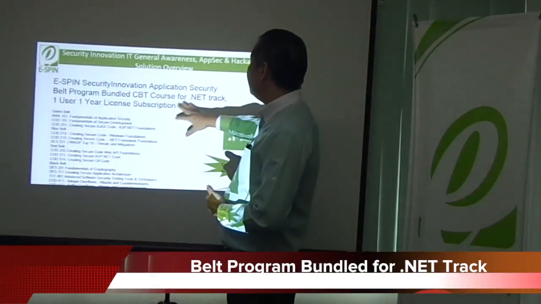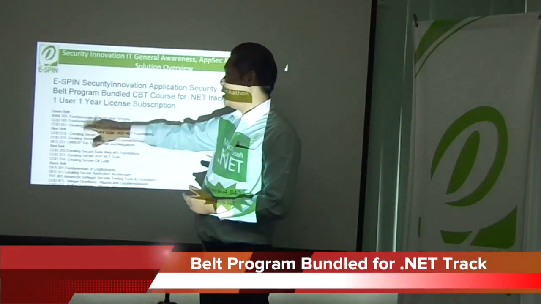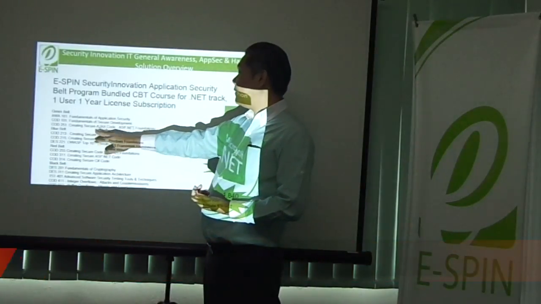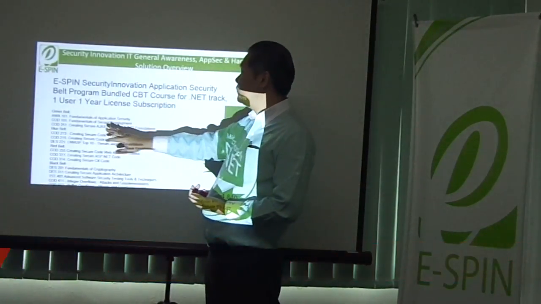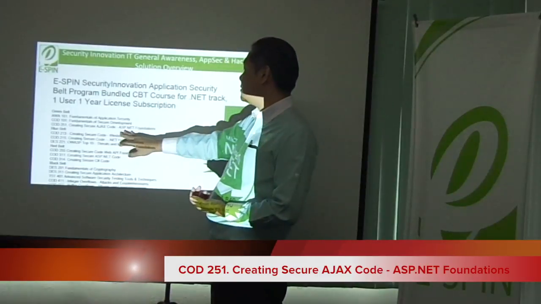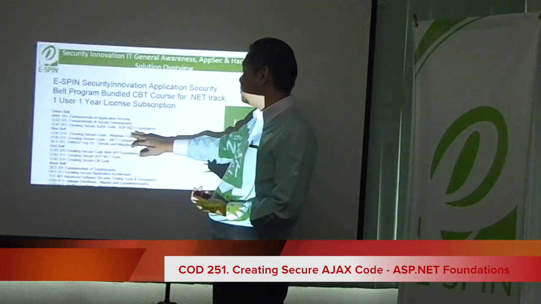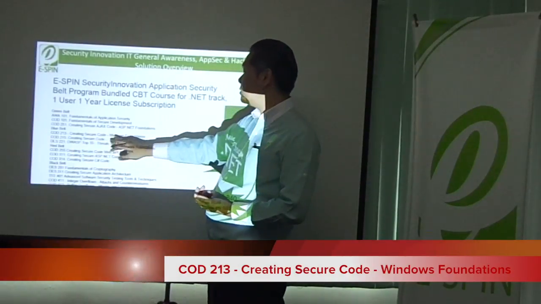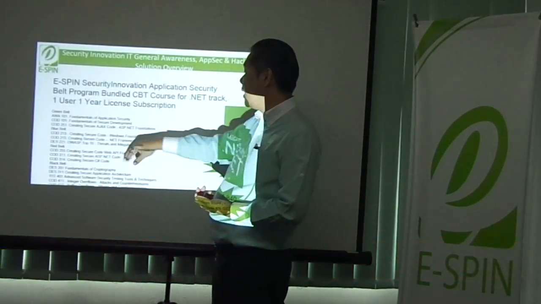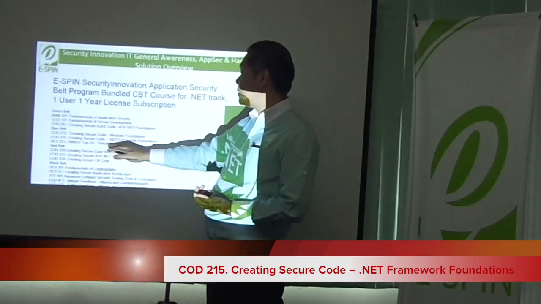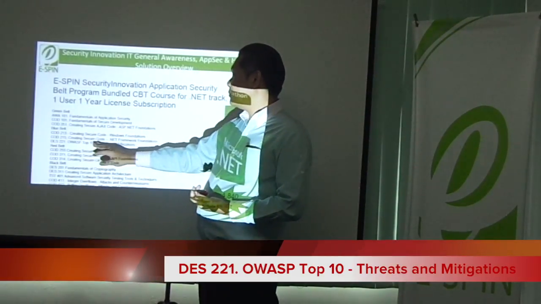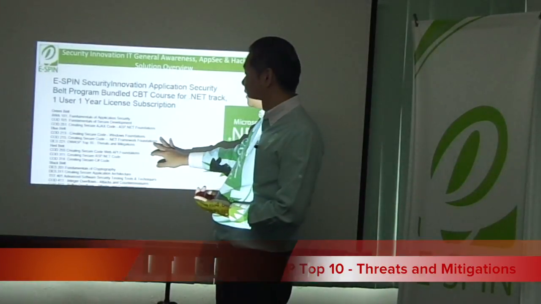Build program bundle for the .NET track. So in green build, we have fundamental of application security, foundation of secure development, creating secure Ajax code under the ASP.NET Foundation. In blue build, we have create secure code Windows foundation, creating secure code .NET Framework Foundation, and OWASP top 10 threat and manipulations.